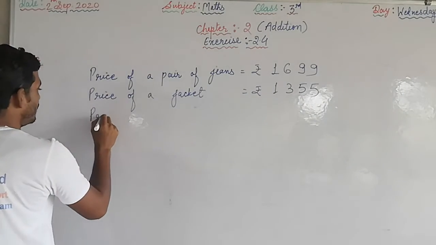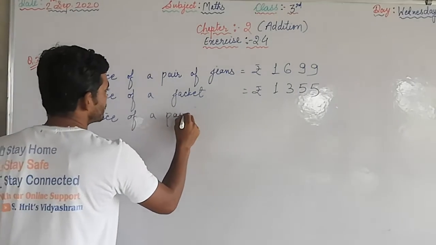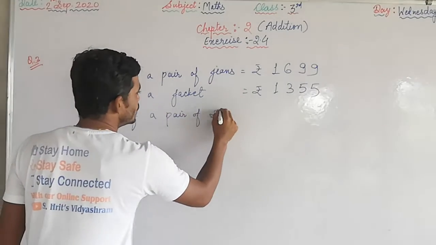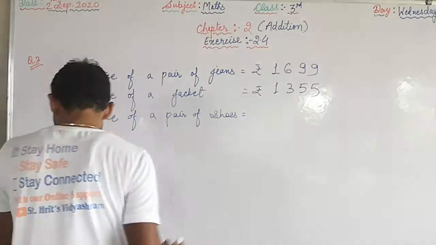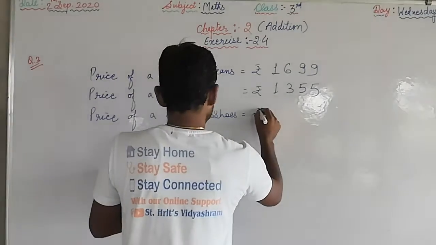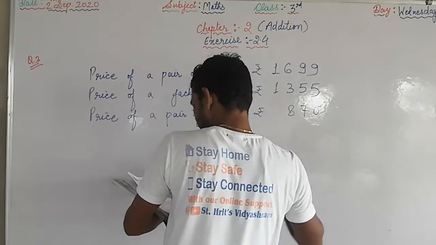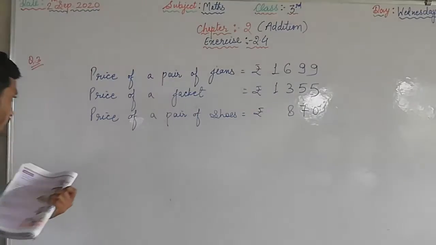Next, price of a pair of shoes equals to rupees how much, 870. Calculate the amount of money.